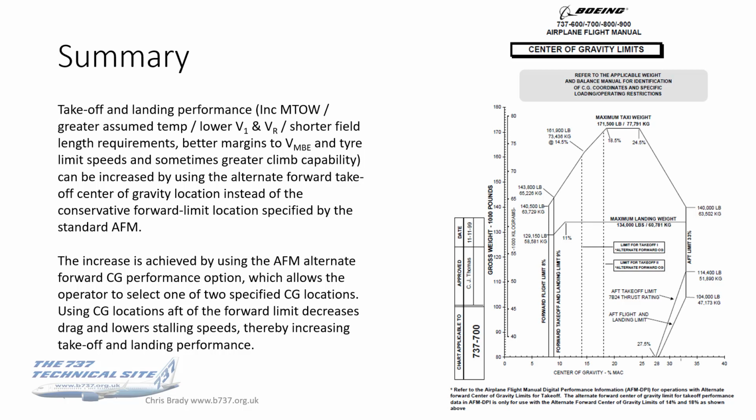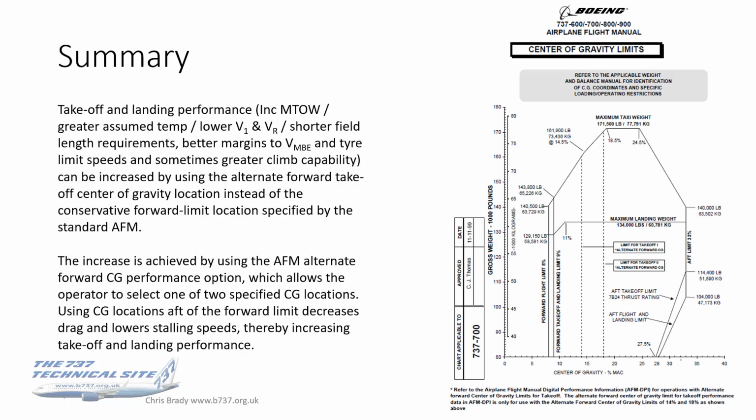So, to summarise, takeoff and landing performance, and by that we mean increase in max takeoff weight, greater assumed temperature, lower V1 and VR, shorter field length requirements, better margins to VMBE, tyre limiting speeds, occasionally, probably not likely on a 737, well, theoretically possible, and sometimes greater climb capability. That can all be increased, by that I mean improved, by using the alternate forward CG location instead of the conservative forward limit location specified by the standard AFM.